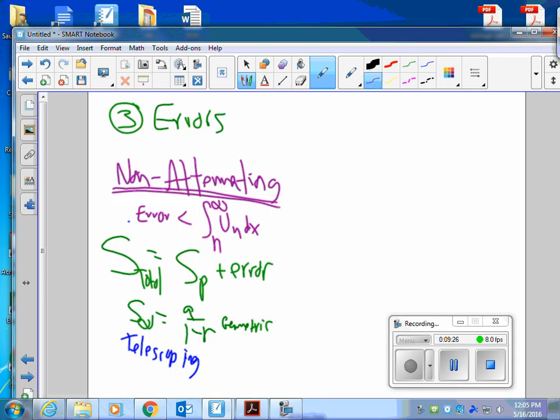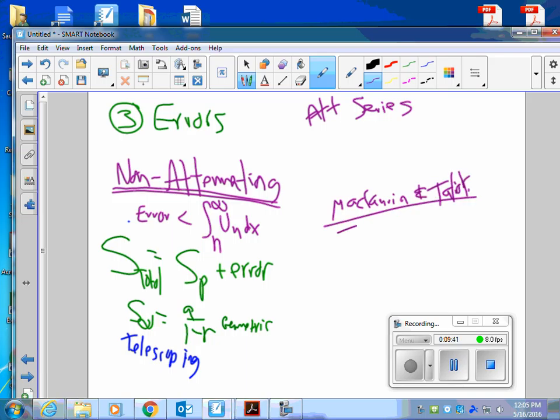And then the alternating series and the Maclaurin and Taylor both have the same thing. They would say your error is a little bit less than the next term.